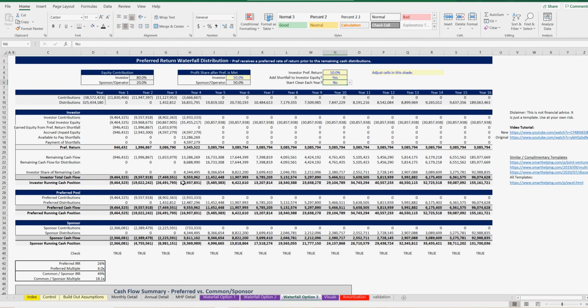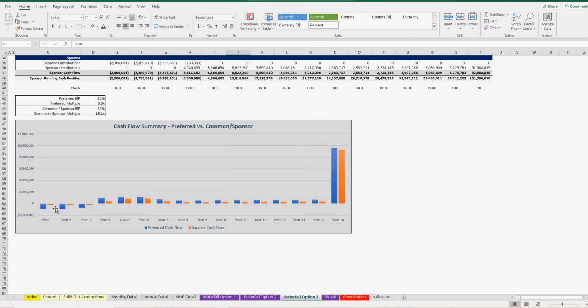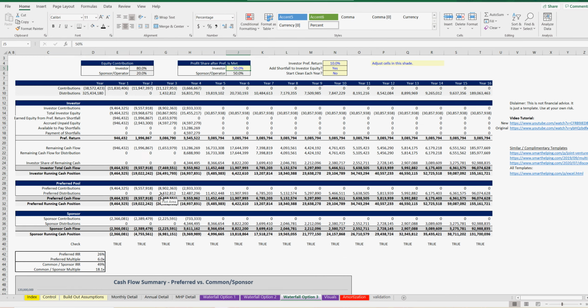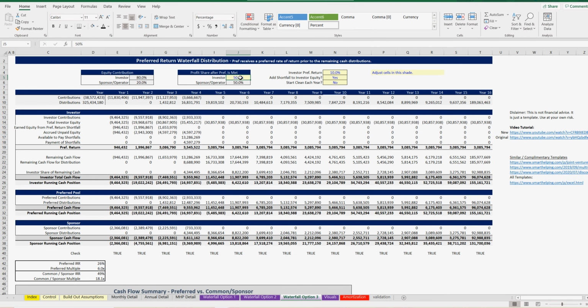The return is satisfied, now cash can be split based on whatever is input here. You see here the pref is getting some, the sponsor's getting some, the sponsor starts to get more as the pref is getting paid back, and then whatever this is defined as is split evenly. Here we just did a 50-50.